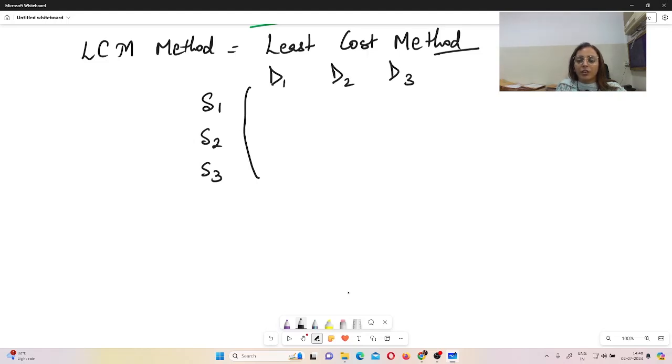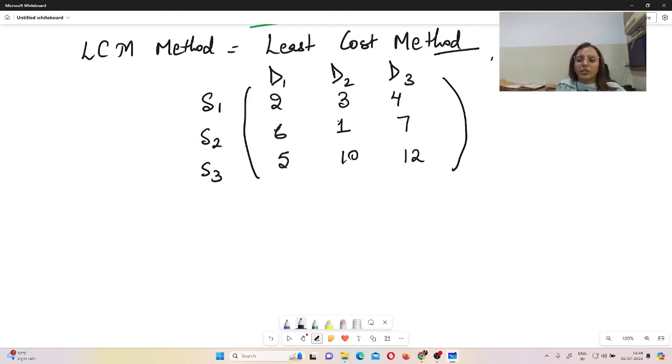Now, the values over here, I'm taking very reasonable values: 2, 3, 4, then 1, 6, 7, then 5, 10, and 12.